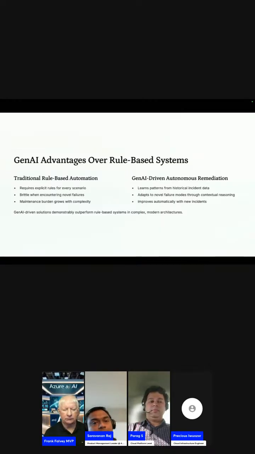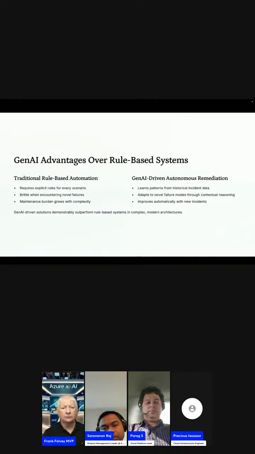But the problems could be thousands, and every time an outage happens, it could be completely different from the predefined list of scenarios you have. This is where generative AI learns the patterns over a period of time using historical data, and it can recommend the right solutions, generate the hypothesis and come up with the right root cause, even if it is not part of the predefined list.